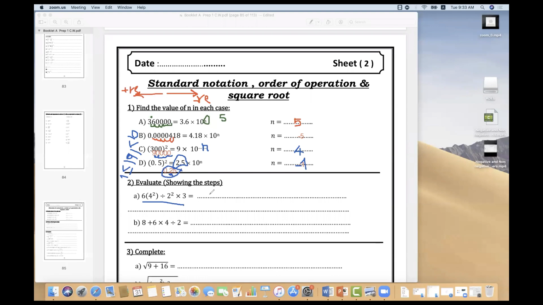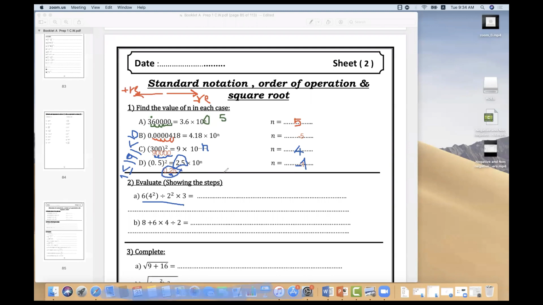The order of operations. Excellent. Please remind us about the order of operations steps. Firstly, I have to solve the brackets first. Excellent.